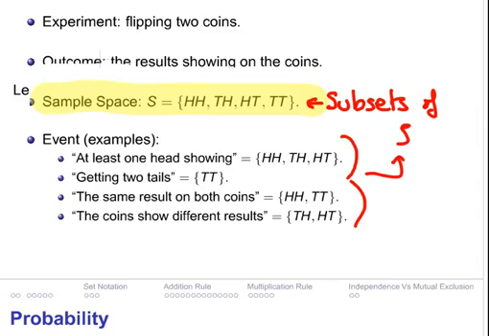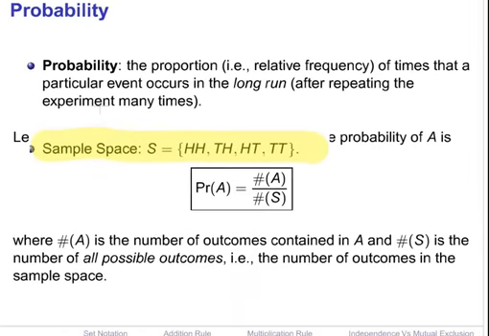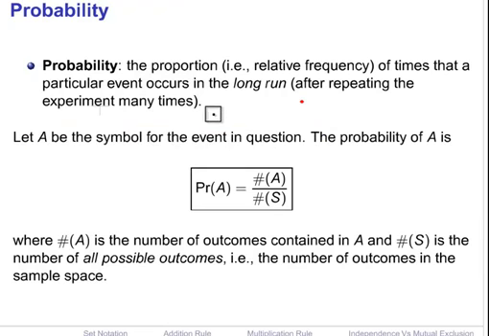Okay, so let's go on down here. The probability is the proportion, the relative frequency, that a particular event occurs in the long run after repeating the experiment n times.